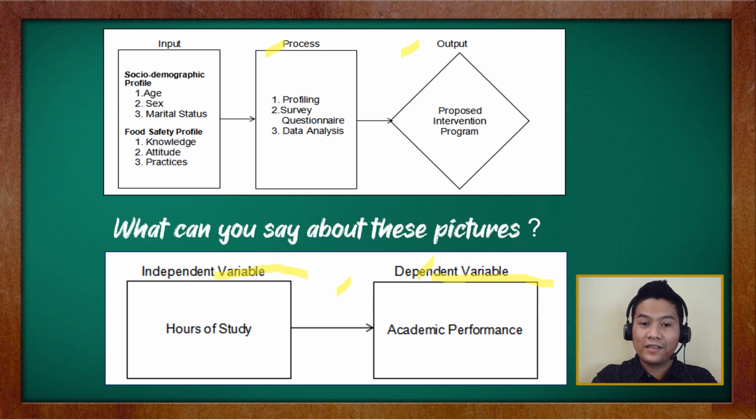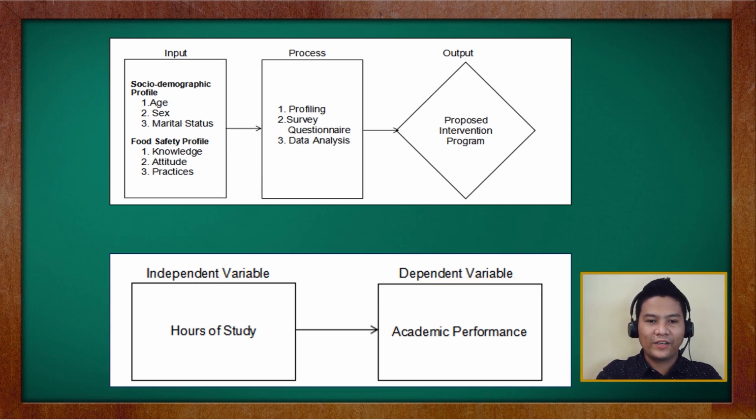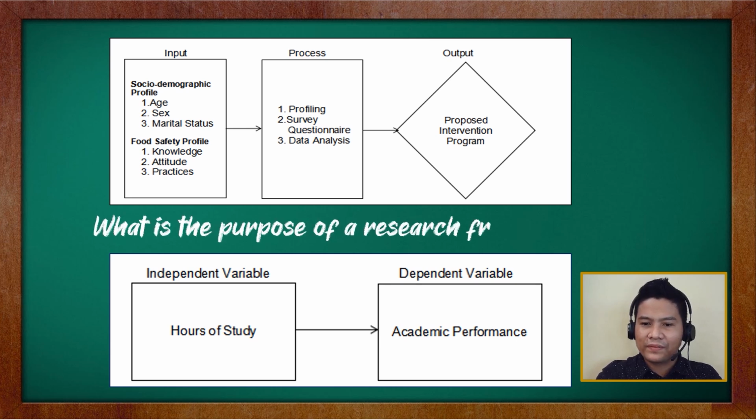You may also say that there are arrows pointing to another box. Okay, these boxes that you are seeing on screen, they are examples of research framework. And the question is, what is the purpose of a research framework? Type your ideas in the comment section.